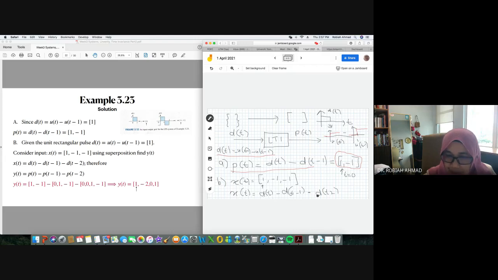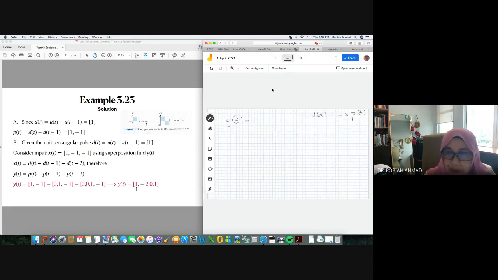Terbalik-balik tadi. So in terms of PT, dia adalah PT same as whatever the input that we put, PT minus 1 and then minus PT minus 2.